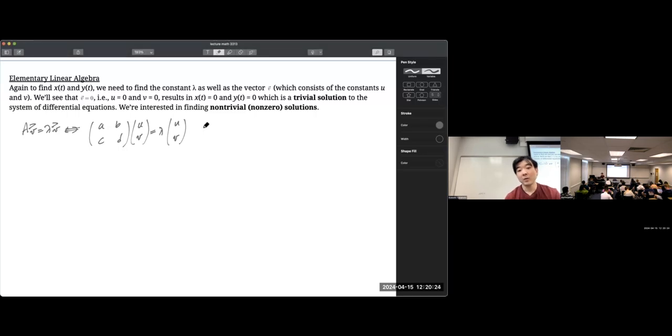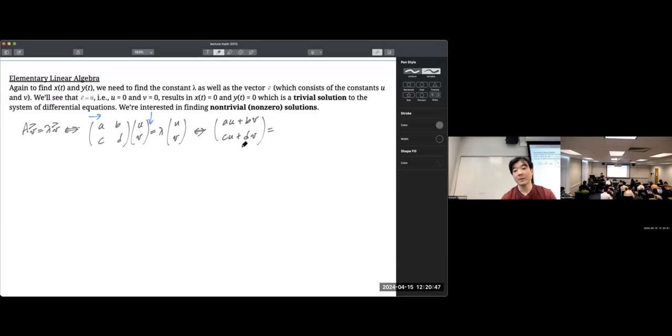Okay. Let's do the matrix multiplication. All we need to do for the left-hand side is go left and then go down. So the top becomes AU plus BV, and the bottom becomes CU plus DV.